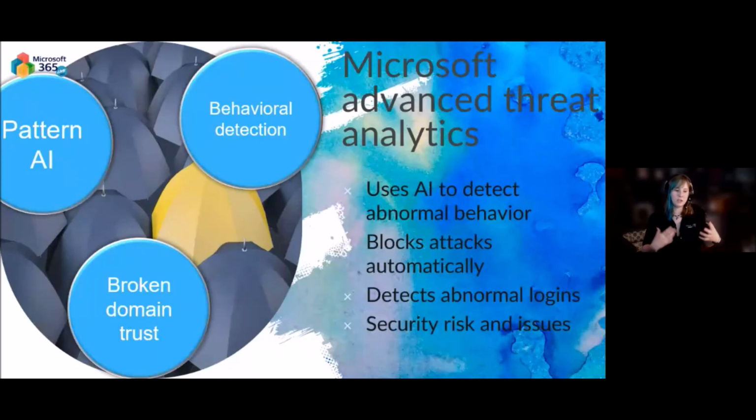So if you see Rob signs in every day from this specific location, and then all of a sudden there are several other sign-ins from states away from where he should be signed in from, you may get an AI detection saying, oh no, it looks like this abnormal login from Rob is now an issue in your organization.